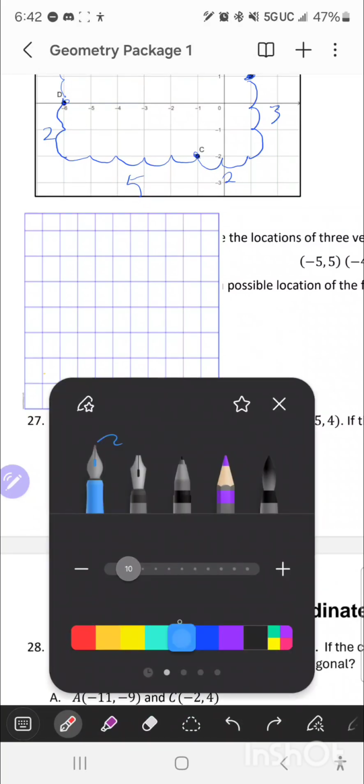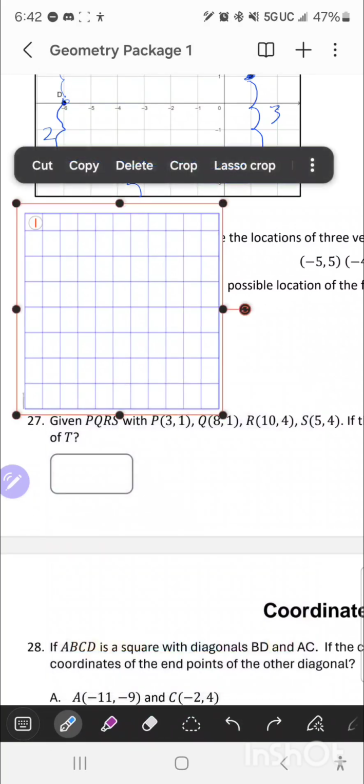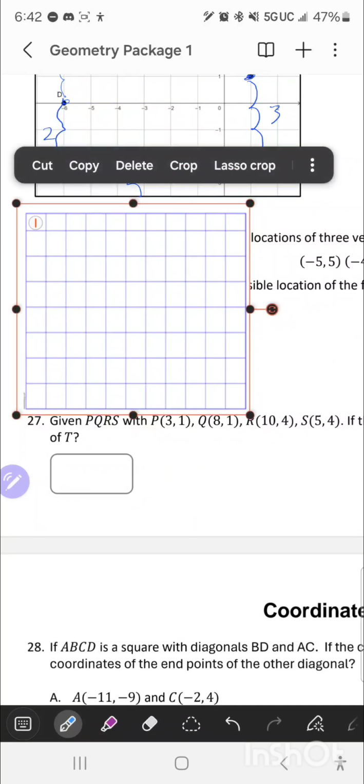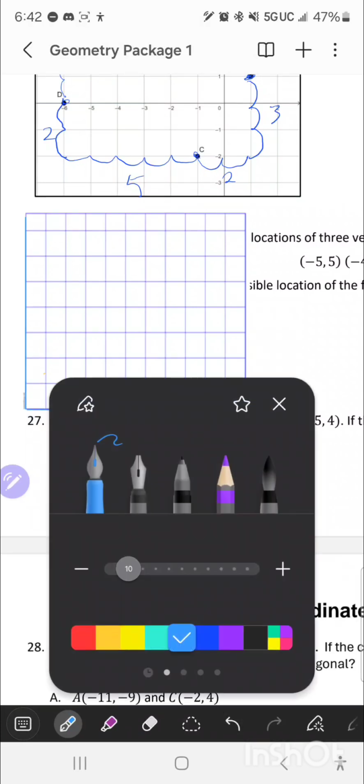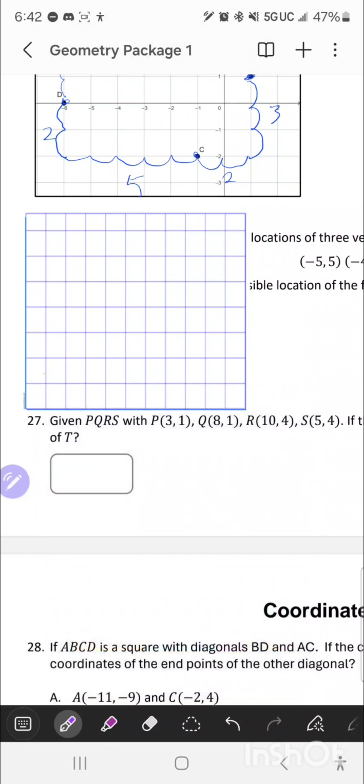You must be tired of me. Let's do this again. This is the y, the x. I'll do it in purple.